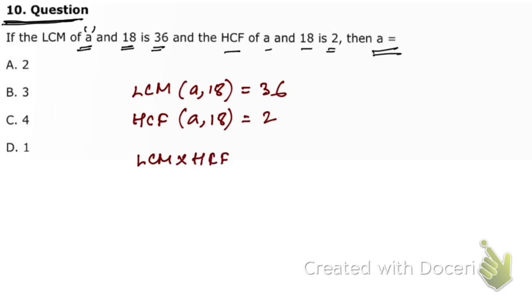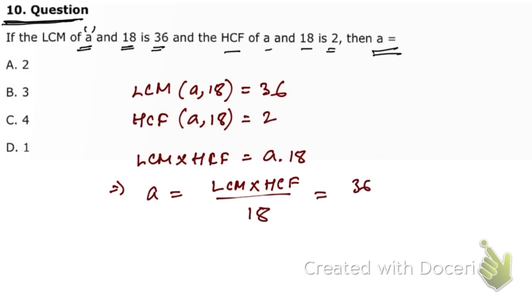And what are the two numbers? a and 18. So a is equal to LCM into ACF divided by 18. LCM is 36, ACF is 2, divided by 18. 18 cancels 36, gives 2. 2 times 2 is 4. So 4 is the correct answer. Option C is the correct option.